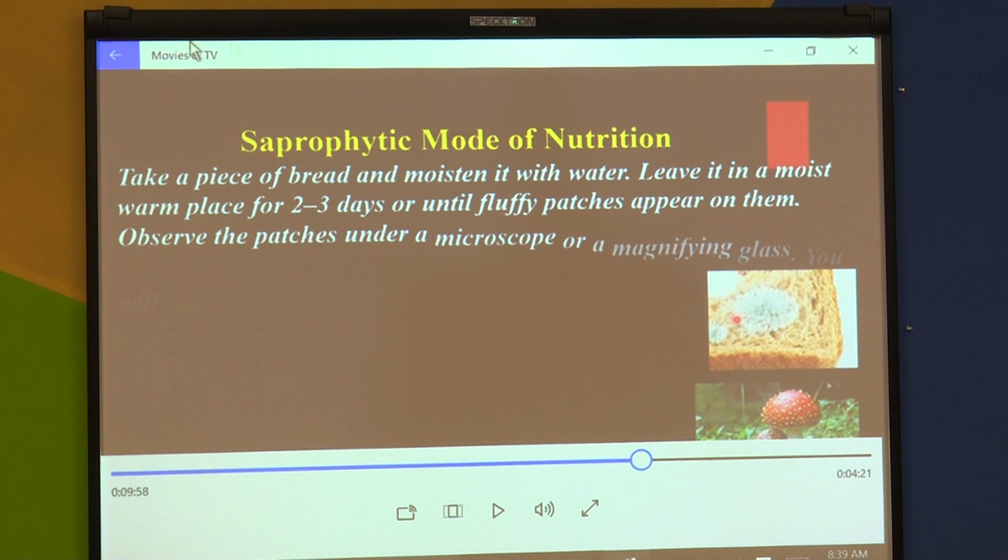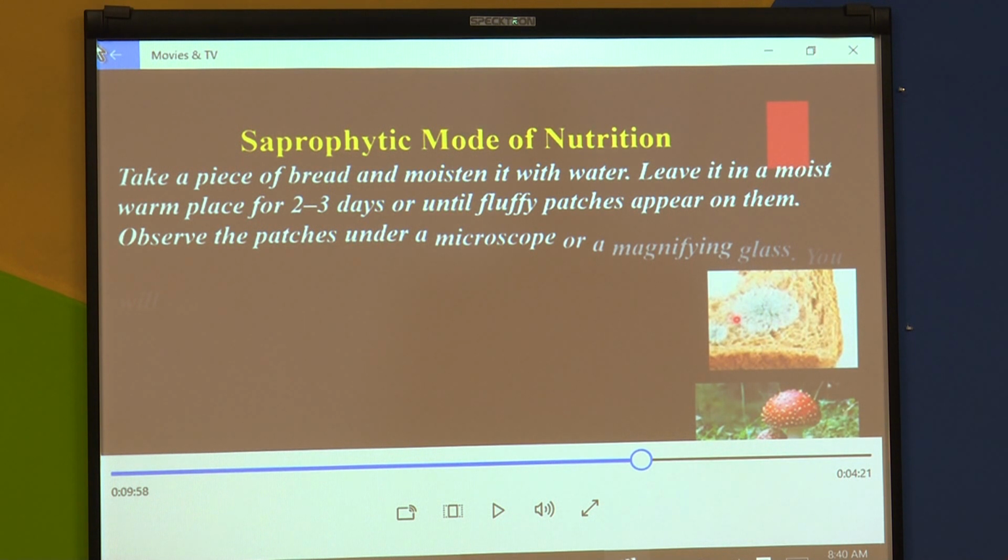You have also observed that sometimes we keep bread in our fridge or at home, and after 5-6 days, when we forgot to eat it, we can see that fluffy patches appear on it.